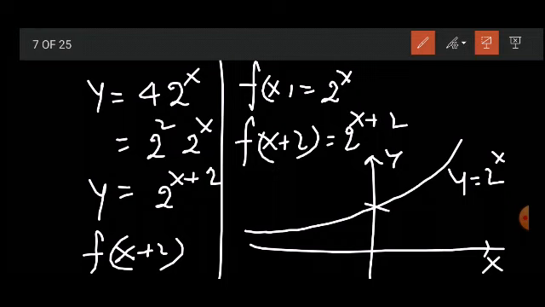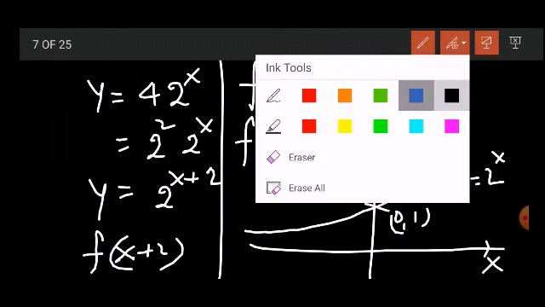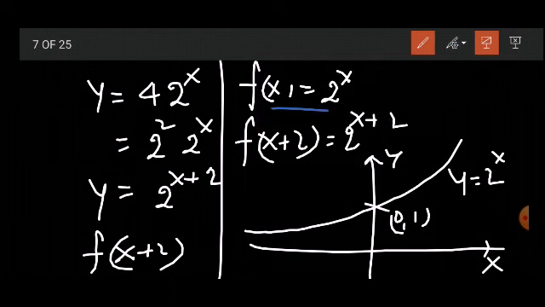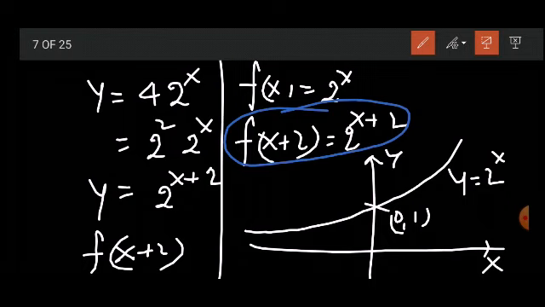So the graph goes a bit towards leftwards. When you put x equal to 0, it becomes 2 to the power 0, and the result is 0 comma 1. Later, when we go for 2 to the power x plus 2, the graph will go 2 units leftwards.